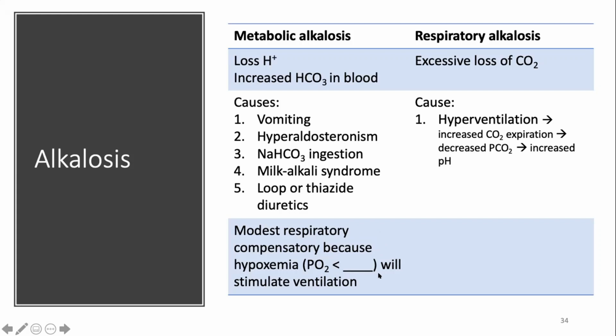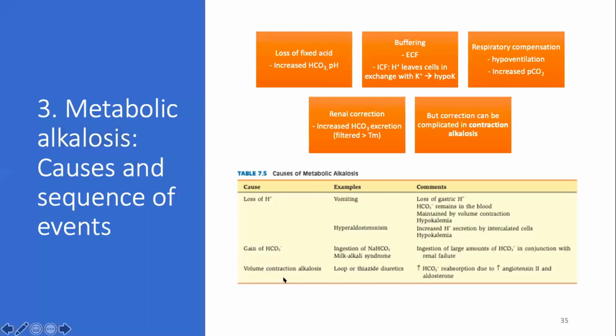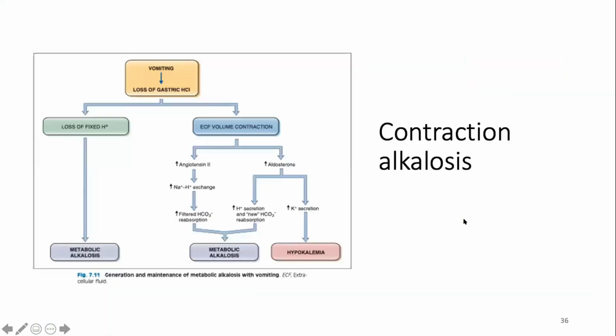And this low oxygen itself can stimulate the ventilation. So how low is low? It is 60 millimeters of mercury. 60 millimeters of mercury will stimulate the peripheral chemoreceptor to stimulate the ventilation. Okay, so these are the causes. I think you can read this on your own.